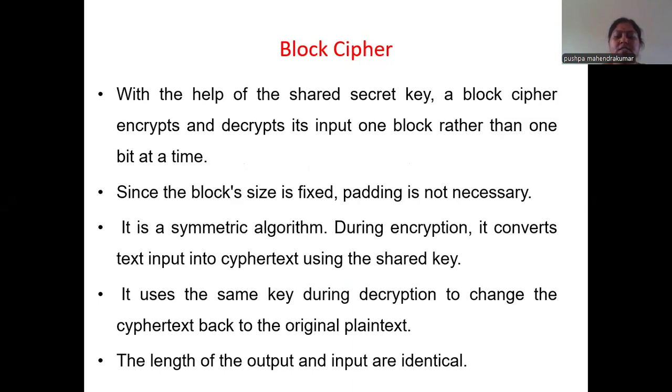Since the block size is fixed, padding is not necessary, and it's a symmetric algorithm. During the encryption, it converts text input into ciphertext using the shared key, that is the private key. The private key is shared among the blocks in the continuous formation.